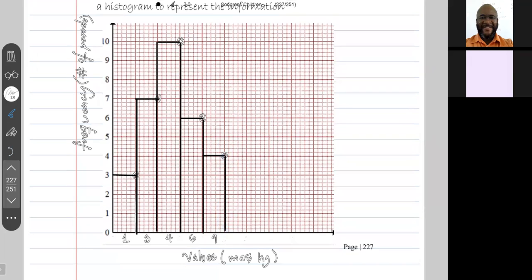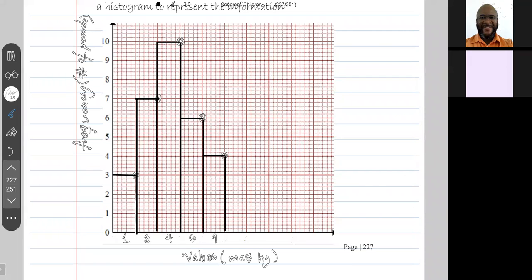And this is one way in which the histogram could have been drawn. On the vertical axis, we have frequency. On the horizontal axis, we have mass in kilograms. Some persons might choose to put in the missing bars, like there is 1, there is 3.